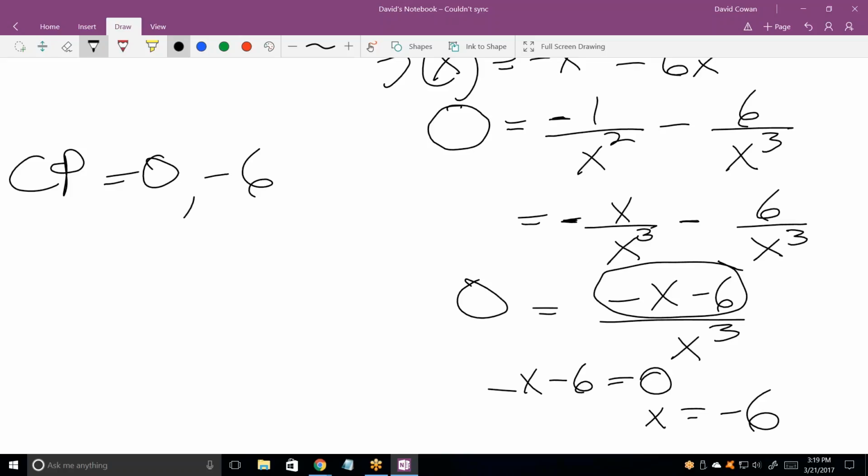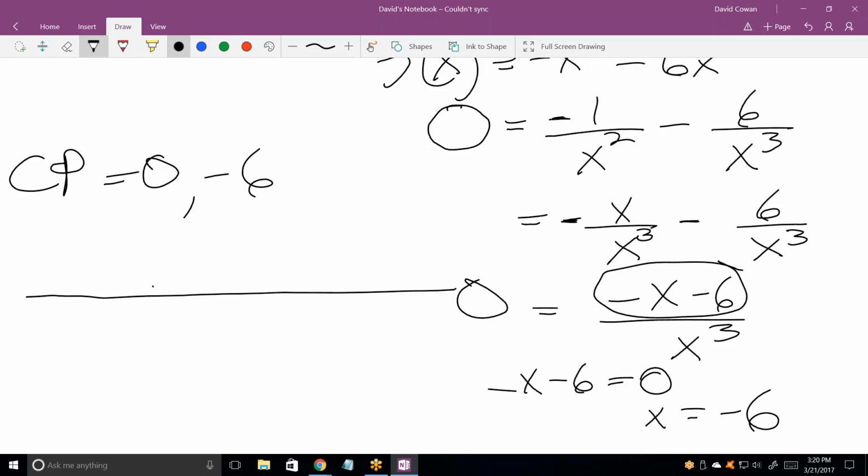Remember what I'm looking for: all points where the first derivative is undefined or equal to 0. Well, it's undefined at x equals 0, but it's equal to 0 at x equals minus 6. If you plug in minus 6 here, you see that this is equal to 0. So I've got two critical points.